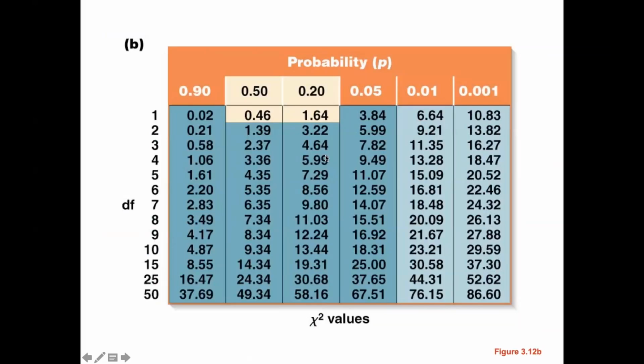So the question is at what probability level would you reject the model, reject the null hypothesis? Well, that value is arbitrarily set at this 5% level.